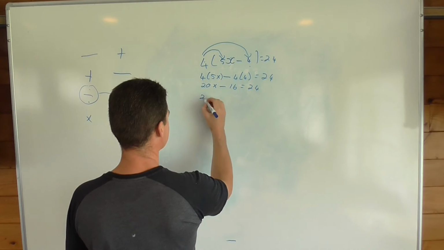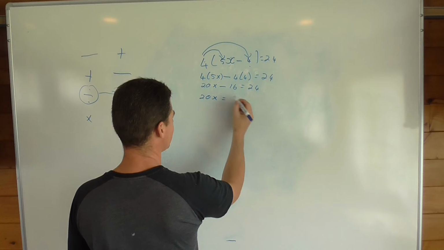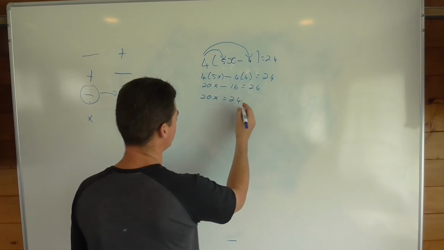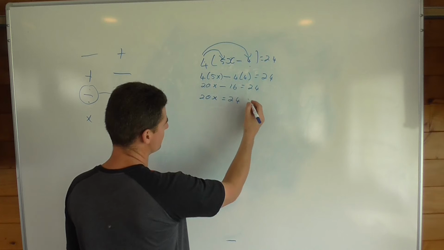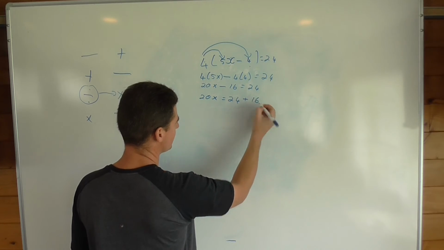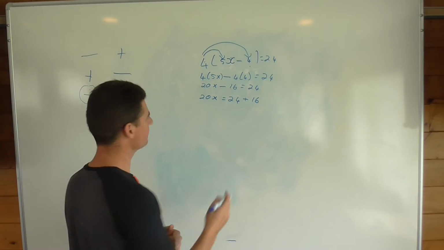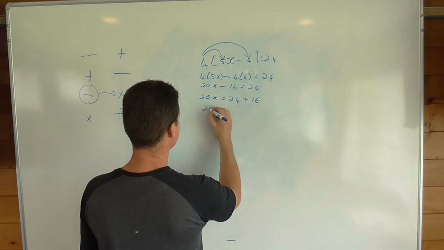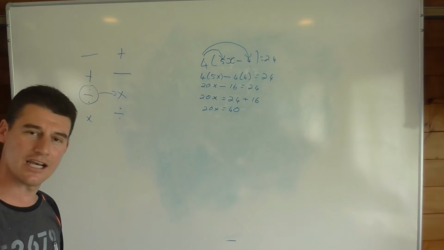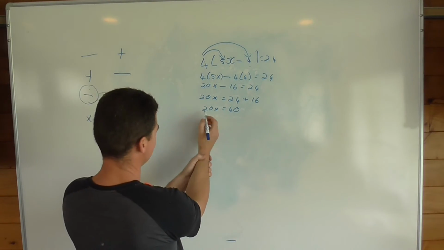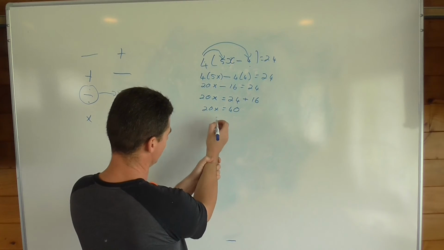We need to get the x alone. So we've got 20x minus 16 equals 24. Now remember, we're bringing this over. So the minus becomes a plus 16. So 20x equals 40. Now once again, the x is not alone yet. So this is like saying 20 multiplied by x.